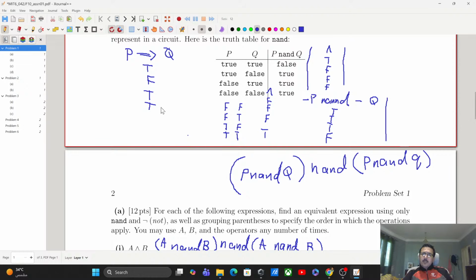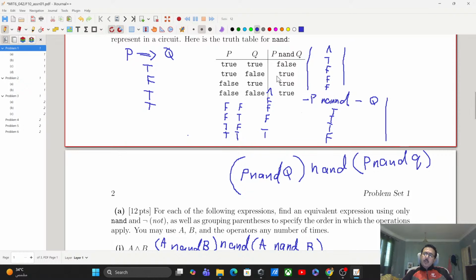I need the TFTT. TFTT. I can't use the OR. So I get here AND false, if false, if false, false.